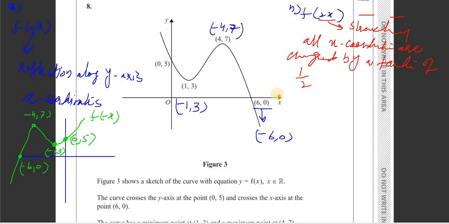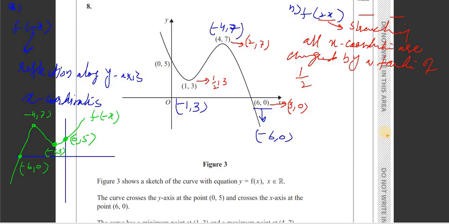That means this 6,0 becomes 3,0 for f of 2x. This 4,7 becomes 2,7, and this 1,3 becomes 1 upon 2,3, and this is 0,5, so the x coordinate 0 remains 0.